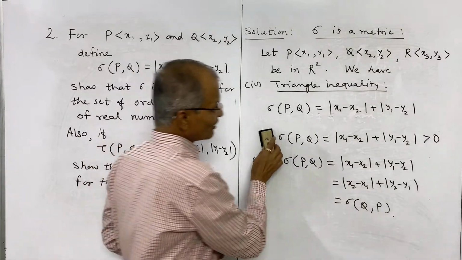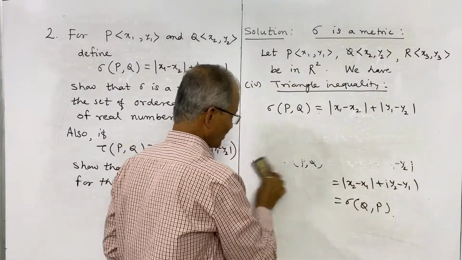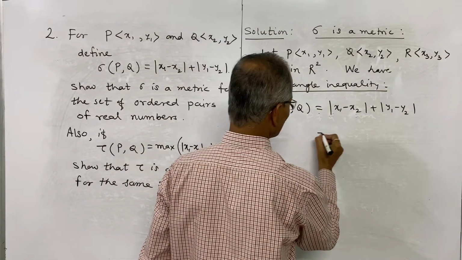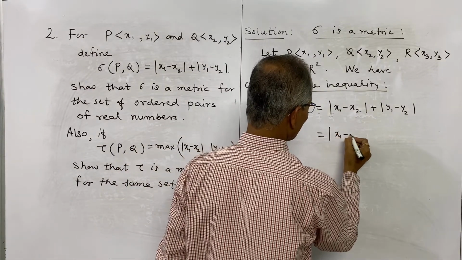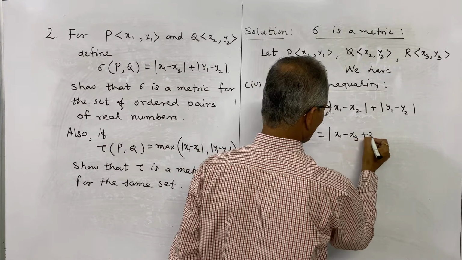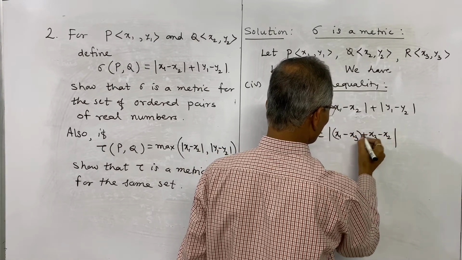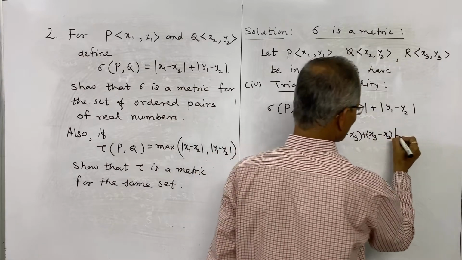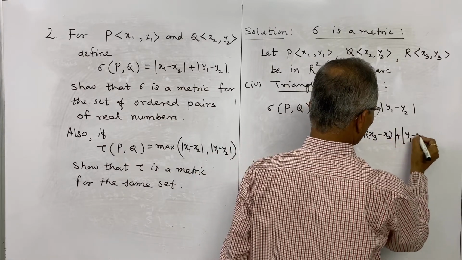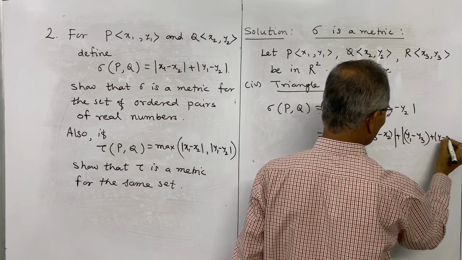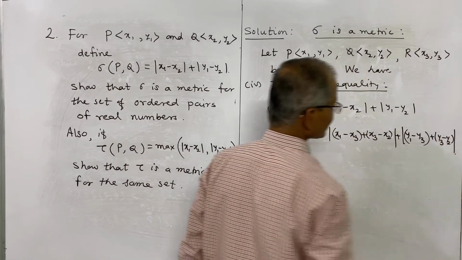And now we introduce the third point for this. That can be written as absolute value of x1 minus x3 plus x3 minus x2, and can be grouped, plus y1 minus y3 plus y3 minus y2.